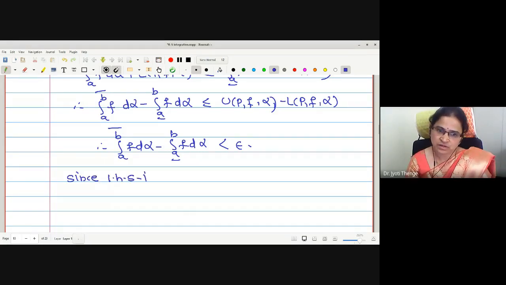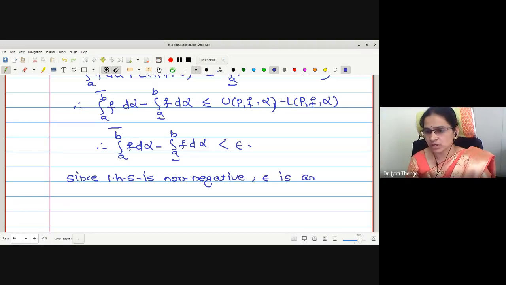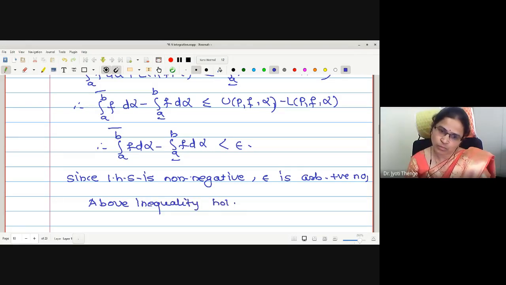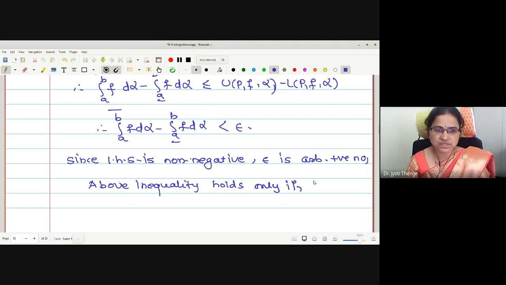Here I will write: since LHS is non-negative and epsilon is an arbitrary positive number, the above inequality holds only if this is 0.